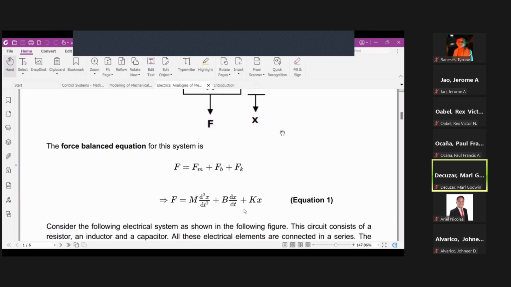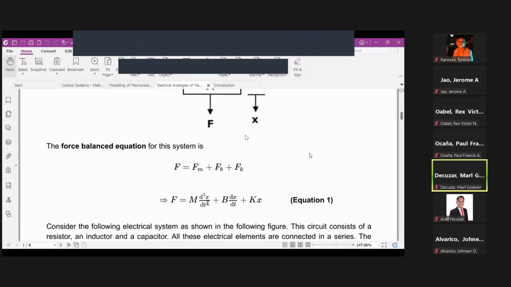Therefore, the force acting on your body is equivalent to the opposing force acting on your mass, which is equivalent to mass times acceleration, which is M d squared x over dt squared, plus the opposing force FB, or the opposing force acting on your damper, which is equivalent to B, or coefficient of friction, times your velocity, which is dx over dt, plus K, which is the force acting on your spring, or the spring constant, times the displacement x. So therefore, you have this equation 1.